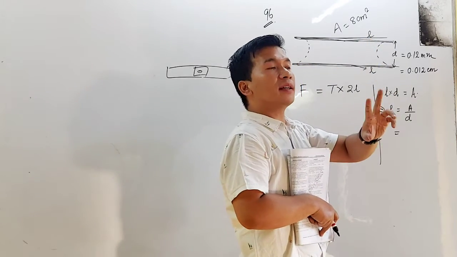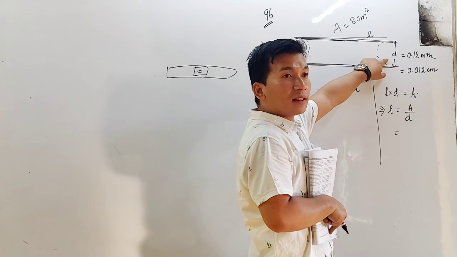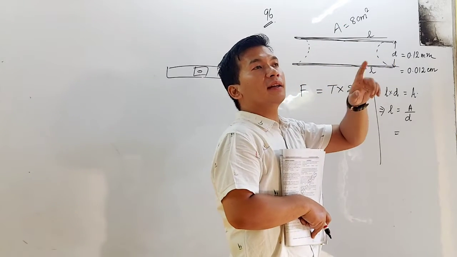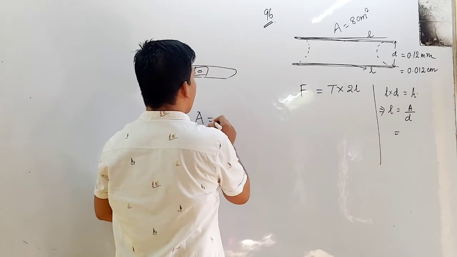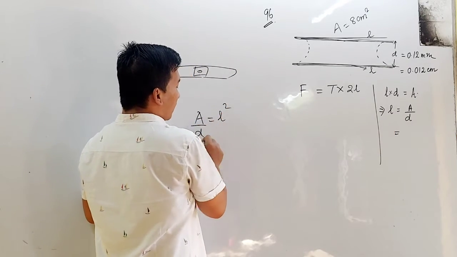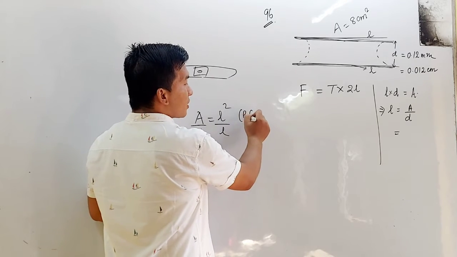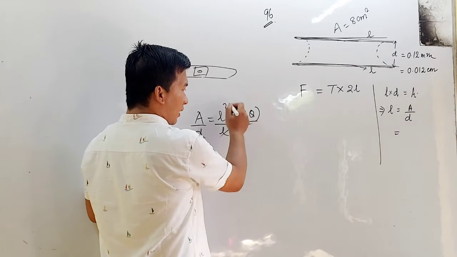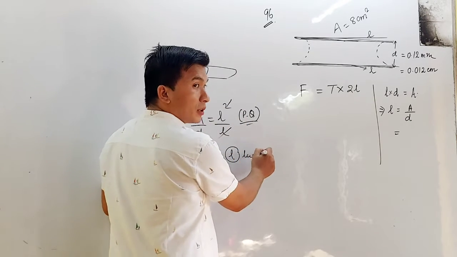Physical quantity wise, area is length square, so to obtain the length, area must be divided by one length. Area is equal to length square, thickness is L, so this L gets cancelled out and we get the required length.